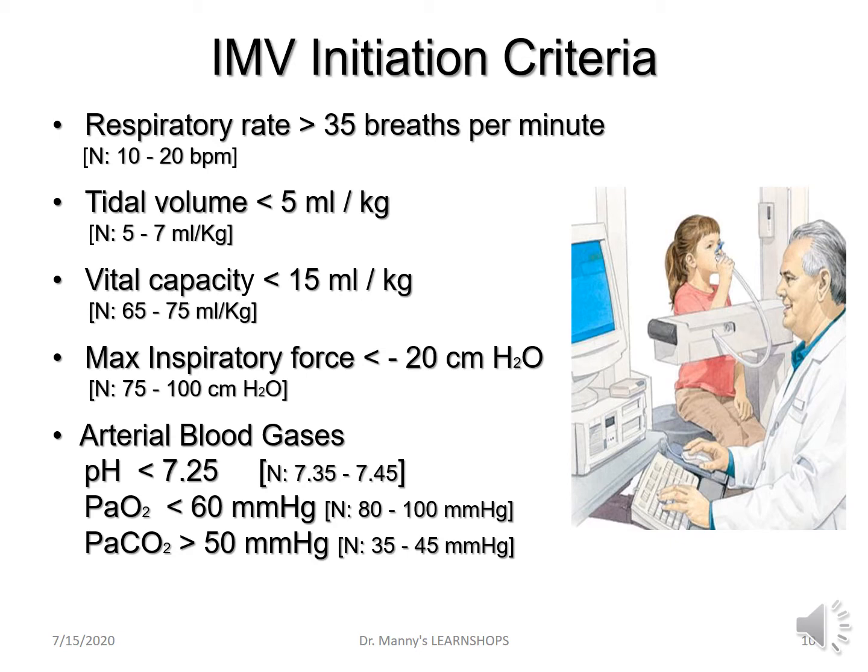Arterial blood gas analysis is always a consideration, indicating hypoxemia with a PaO2 of less than 60 millimeters of mercury, and acid-base problems related to a respiratory acidosis where the pH is less than 7.25 and the PaCO2 is greater than 50 millimeters of mercury.